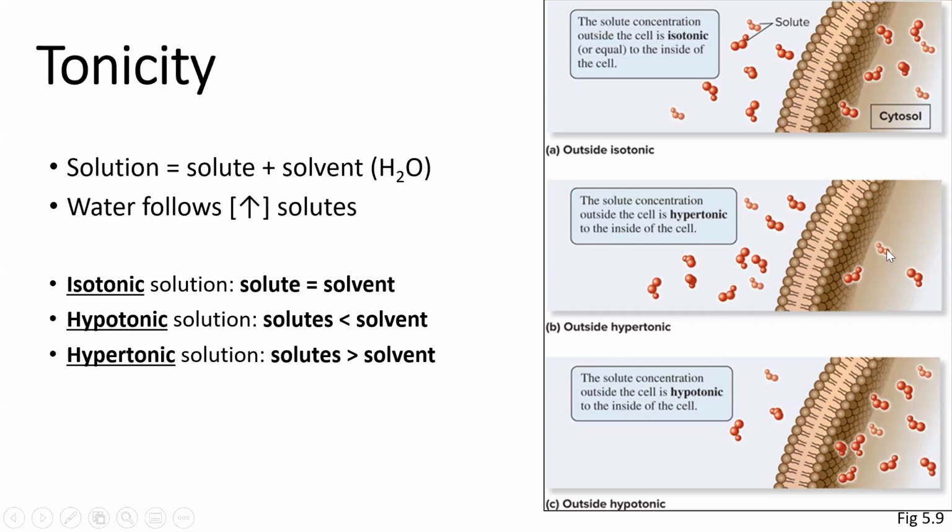Right, water is going to move out of the cell to try to reach equilibrium and make the concentration equal. Therefore, what's going to happen to the cell? It's going to lose water. It's going to shrink. And that's very, very bad. Okay, so three scenarios that are very important that you need to be aware of.